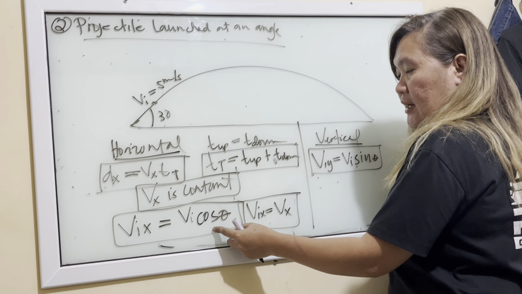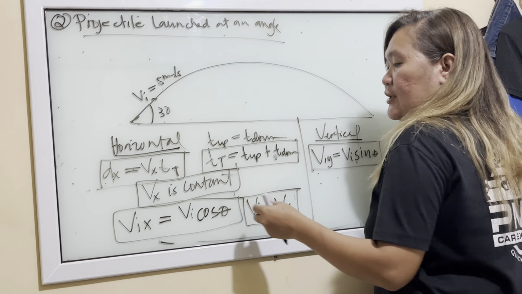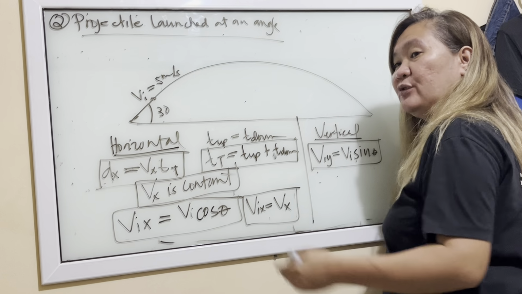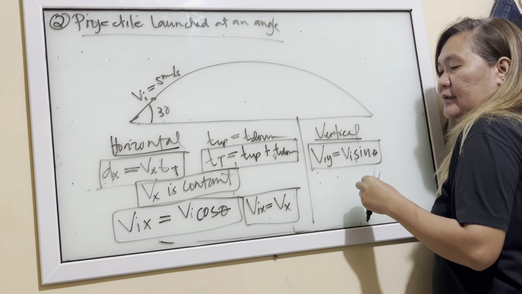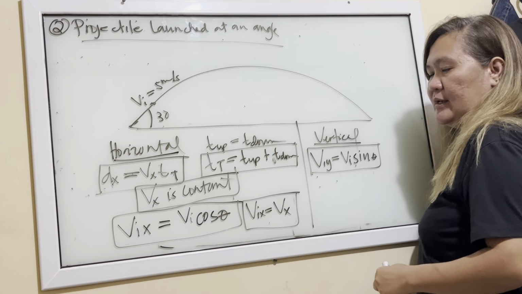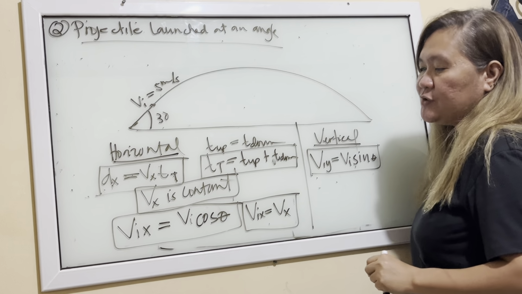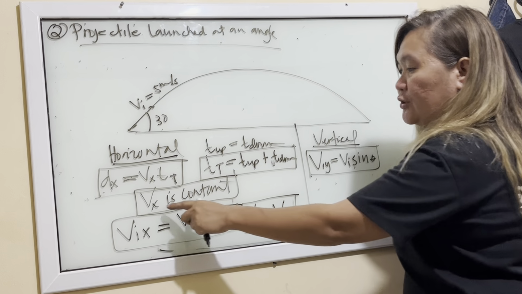Now, we also know that in projectile motion, your Vx is constant because there is no horizontal force acting on the projectile, on the object. So, the velocity is constant horizontally. Walang force na nakaka-apekto dun sa object, kaya constant ang kanyang velocity horizontally, horizontal x.